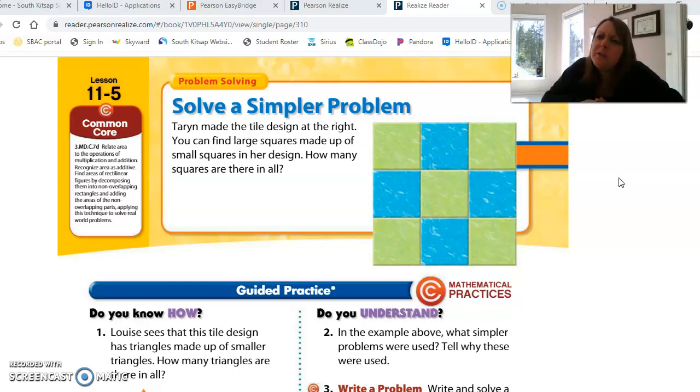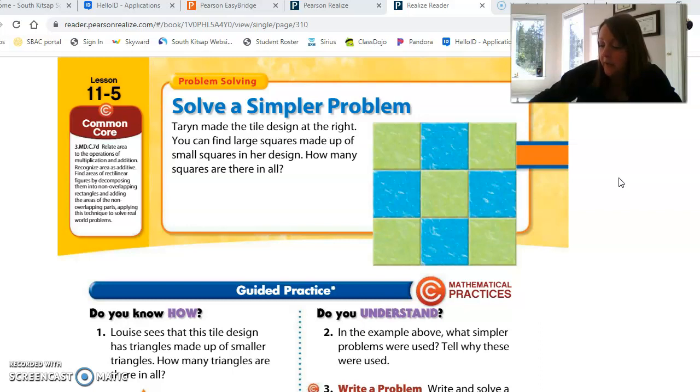So what was the first thing that we had to figure out before we counted? Well, what simpler problems? We counted the small, medium, oh, I forgot to put my comma. Remember, commas in a list.